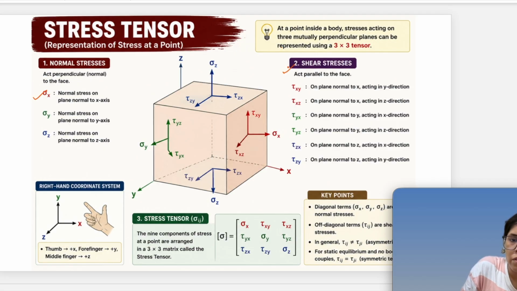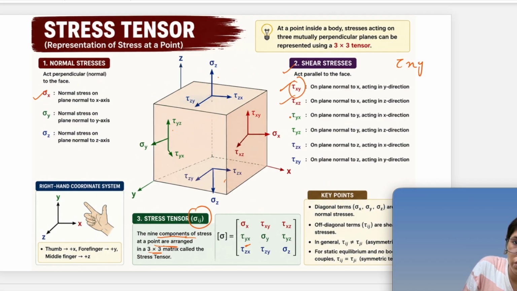The stress tensor sigma ij: the 9 components of stress at a point are arranged into a 3 by 3 matrix. Tau xy will be there, and then we have tau yx also. So we have 6 types of shear and 3 types of normal stresses.